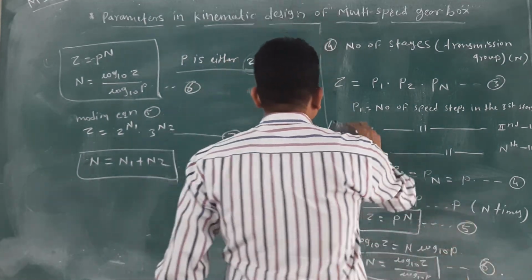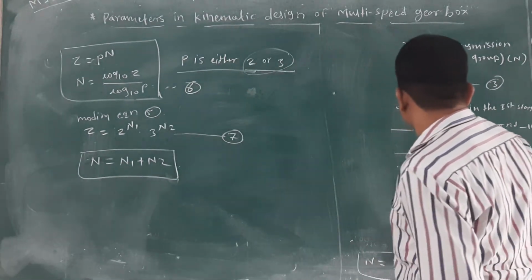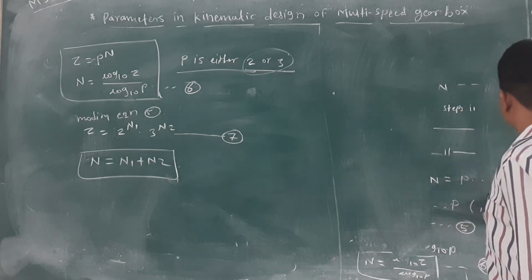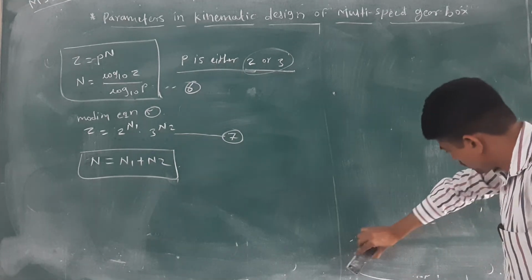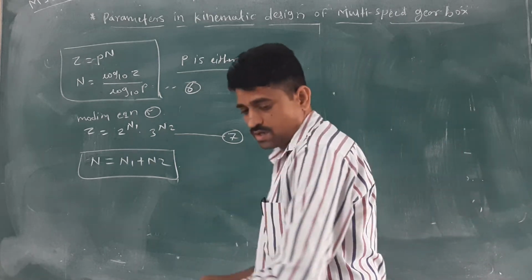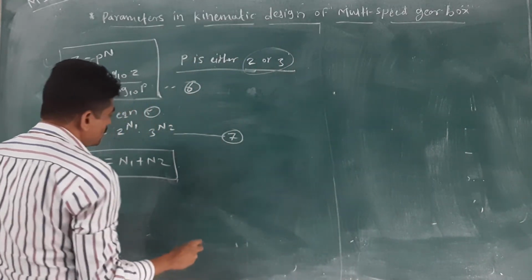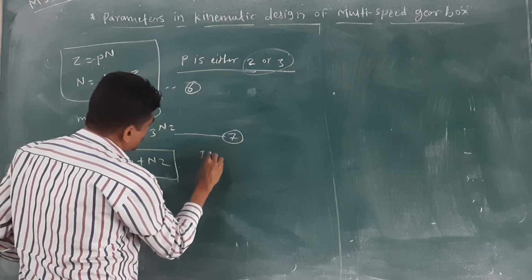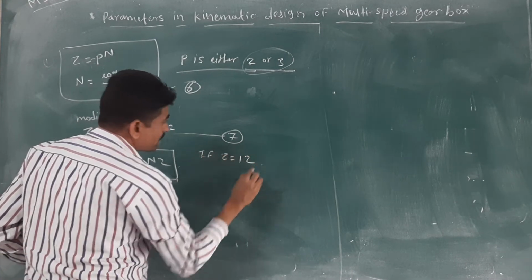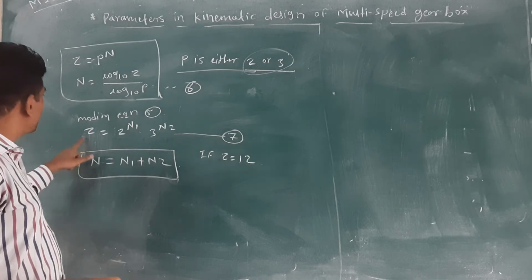I will give one example here. Suppose Z is equal to 12. How to solve this? You can better understand with the help of an example.